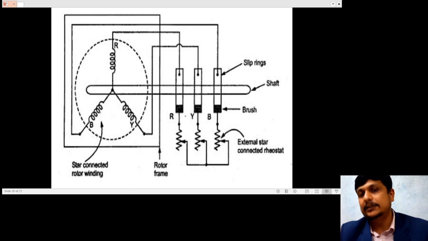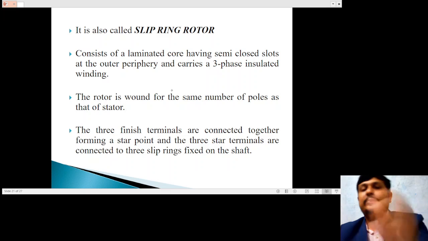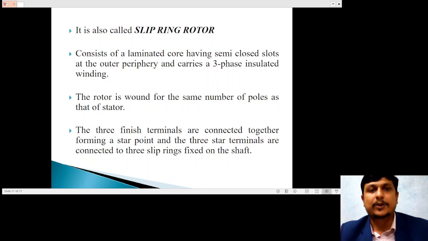What happens when we add resistance in the rotor circuit? The rotor draws more current. If it draws more current, the torque will be greater, because torque is directly proportional to current. Okay, these are some important points regarding the slip ring rotor.